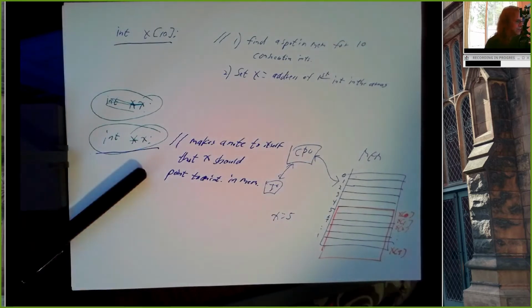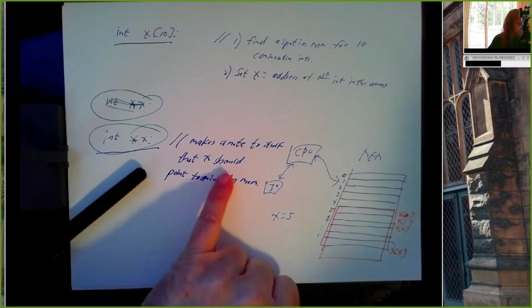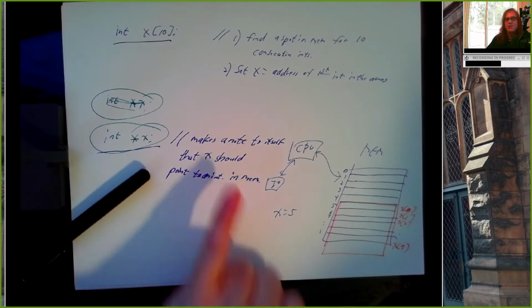Integer star x says, hey compiler, remember, x should point to an address in memory where there's an integer. It should, but it actually doesn't. Not yet.